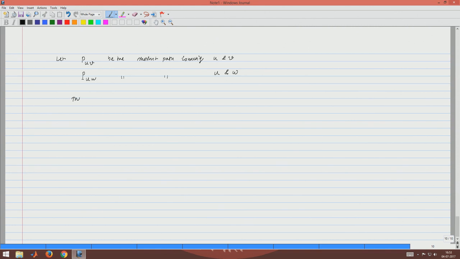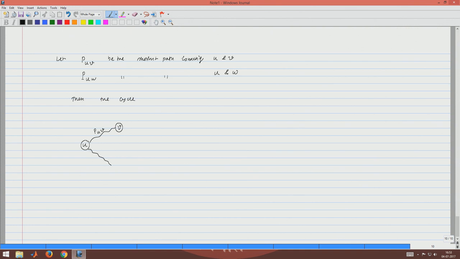Then we form a cycle. So u is here, and this is the shortest path P_uV from u to V, which is of even length.